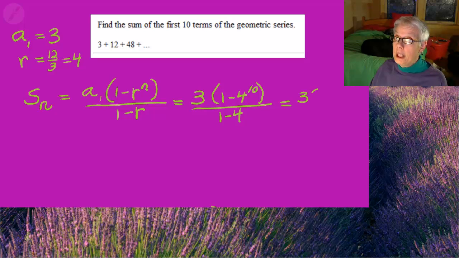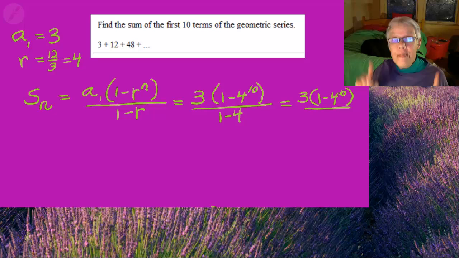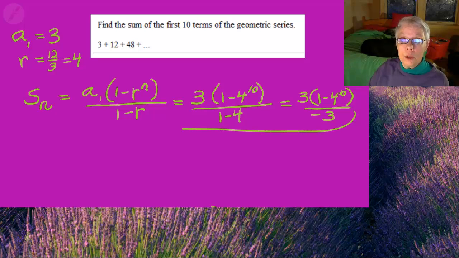Always work in parentheses first, right? Then exponentiate. Then you multiply and divide. Then you add and subtract. That is order of operations. So we'll have 3 parentheses, 1 minus 4 to the 10th power, over negative 3.